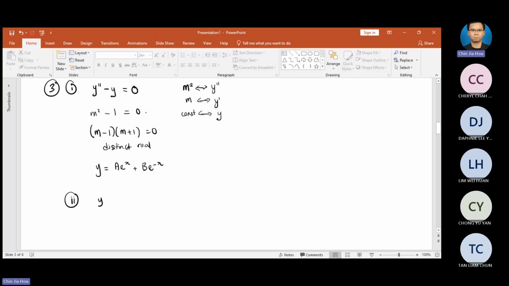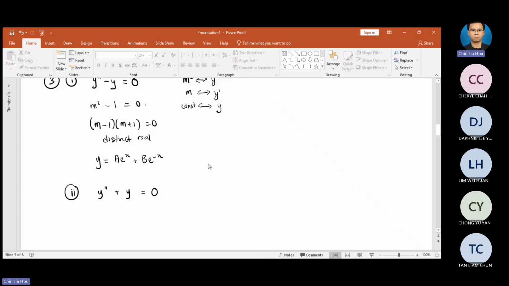For the second part, we just change the sign between the y double prime and y prime, and everything changes. We have m squared plus 1 equals 0. If you have some basics in complex numbers before, then you know that m is equal to 0 plus minus i.